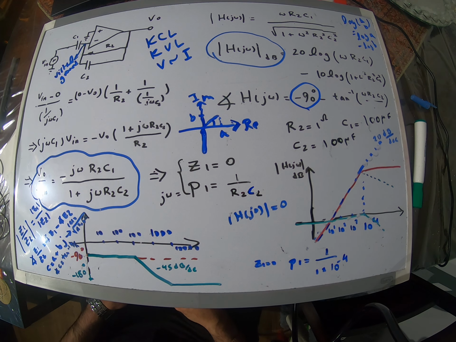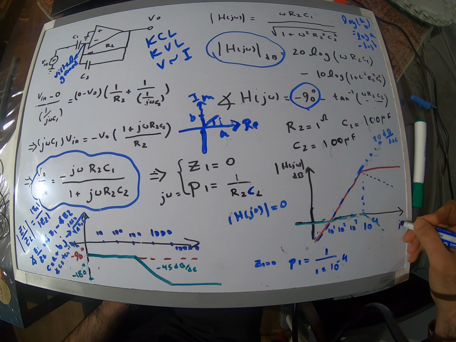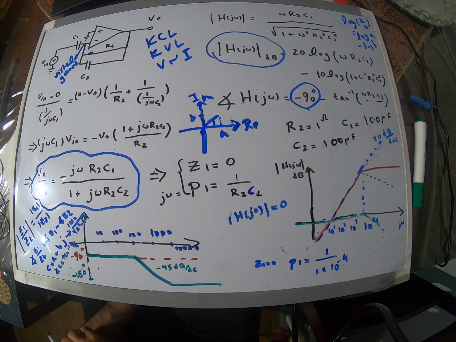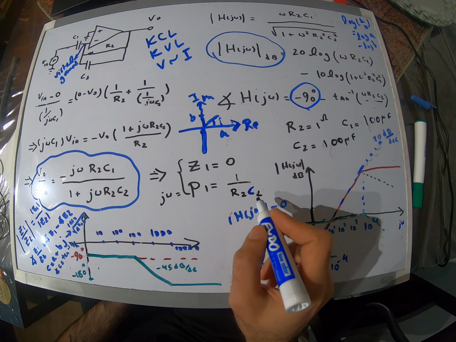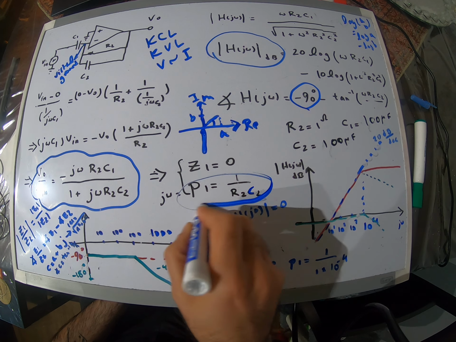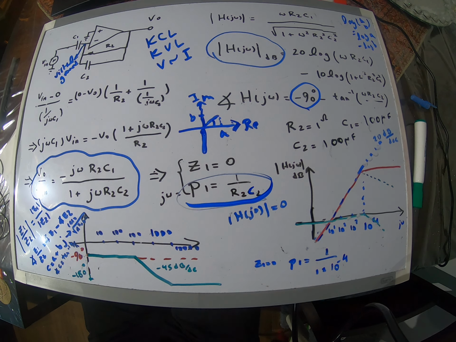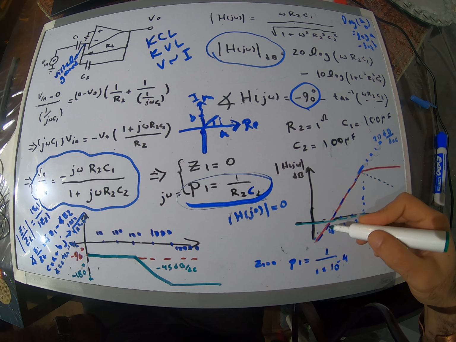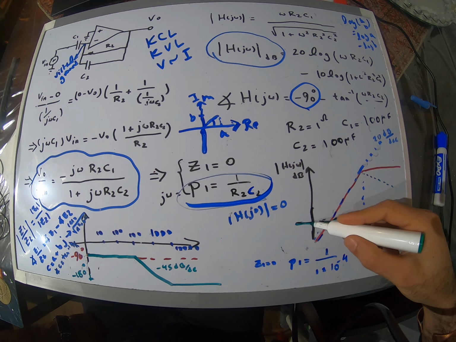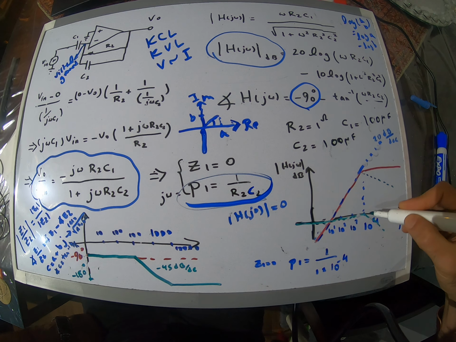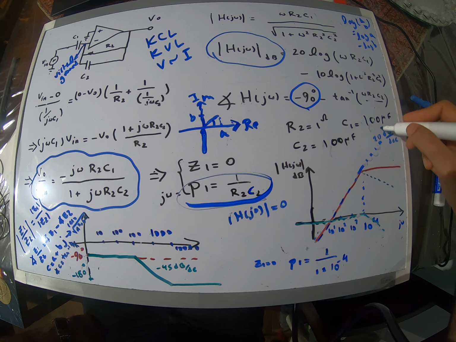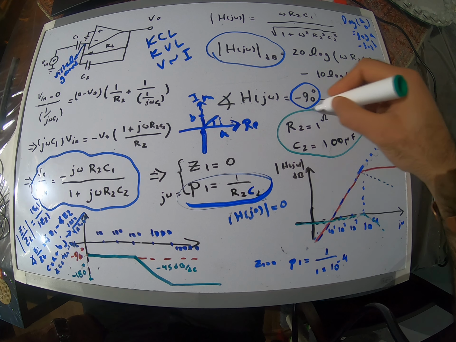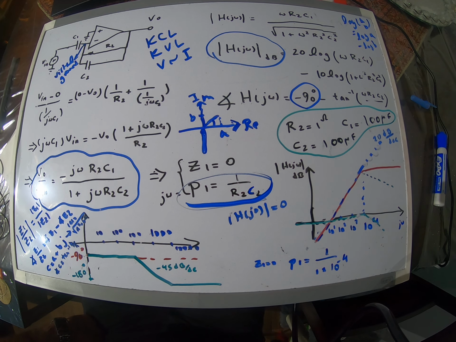Now, what I'm drawing here is first the impact of the pole, let's discuss with what we know. I'm drawing the impact of the pole in green on the magnitude. If you remember, on the magnitude, the impact of the pole starts at the pole. Let's say I have these values for R2, C1 and C2.